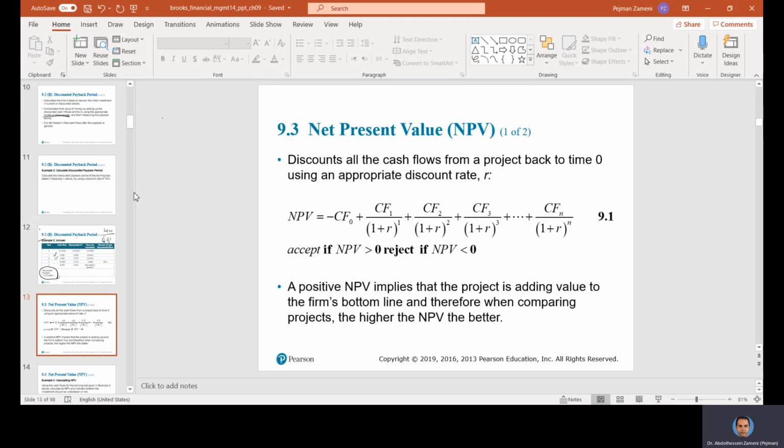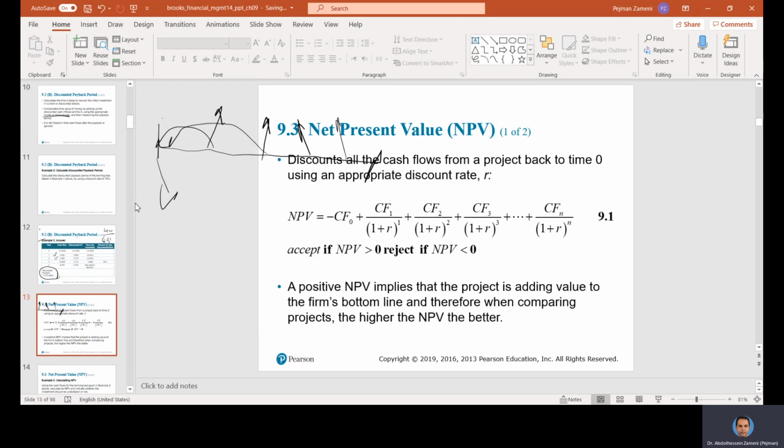Okay, if this is the timeline that we have, and then if we have cash flows here, and we have cash flows here, and here also was the initial outlay that we had, then we're going to bring it to the present time.